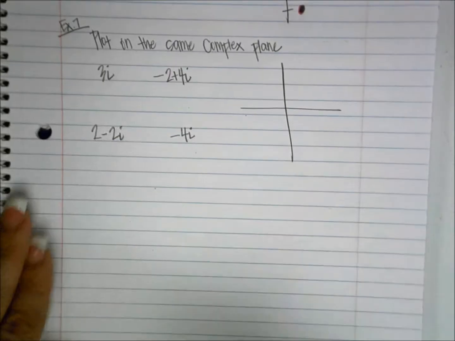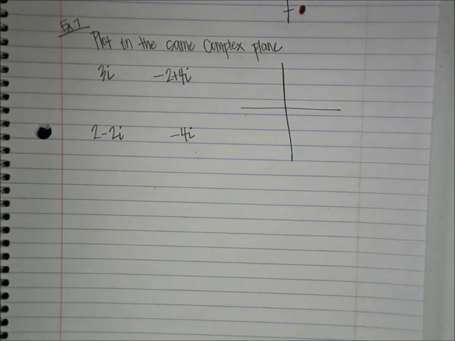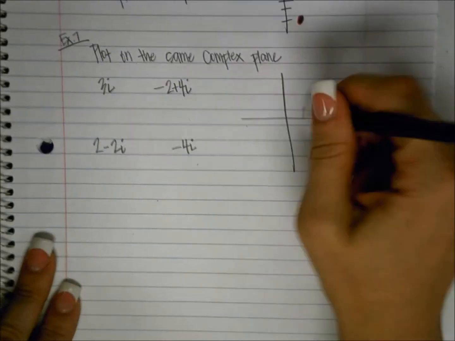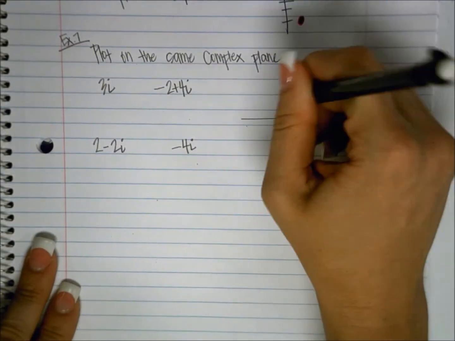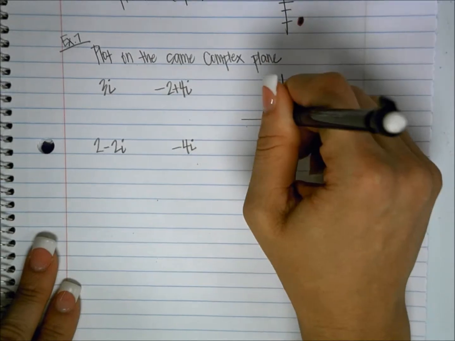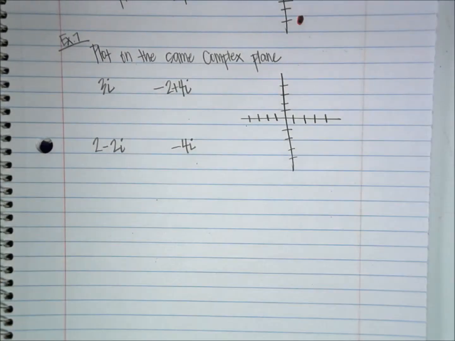I want you to plot all of those on the same plane. You can do that. Since you're plotting multiple things on the same plane, you need to label them. So make sure you label them.